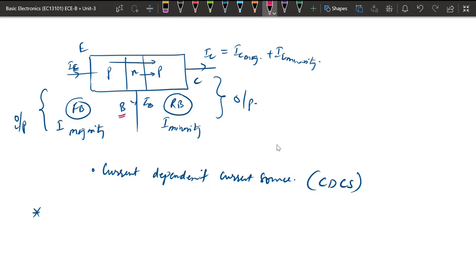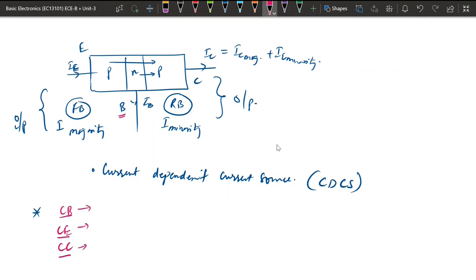So whatever the terminal is common between the input and output, based on that we can configure this BJT in three different configurations. Basically, common base, common emitter, and common collector. Okay, so in active mode, this BJT can be working based on three different configurations.